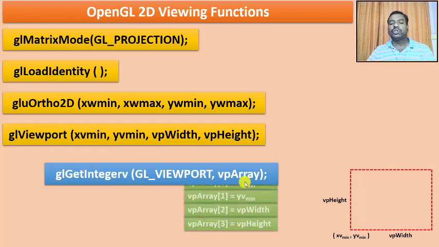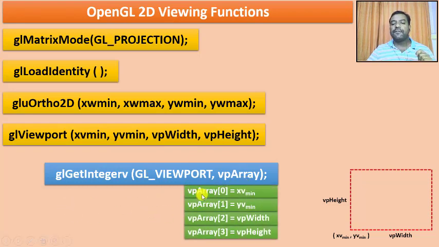Upon execution of this function, the very first value, vp array of 0, will have XV minimum, vp array of 1 will have YV minimum, vp array of 2 will have the width, and vp array of 3 will have the height. Hence this array will contain the same 4 pieces of information I used to set the viewport.